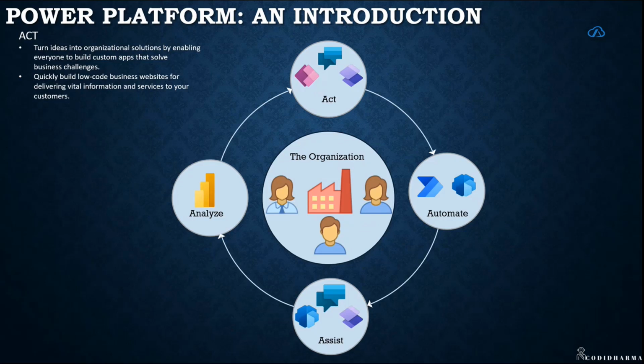Right? So this is the act phase wherein the organization has to act by creating applications or websites which solve certain problems either for the internal organization employees or for the customers or prospective customers.